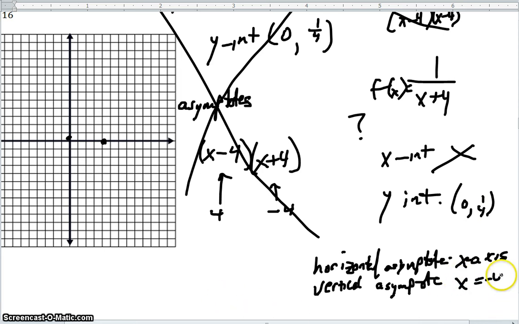So I'm going to just put a dotted line at -4, like this. Notice how they're just disappearing on me.